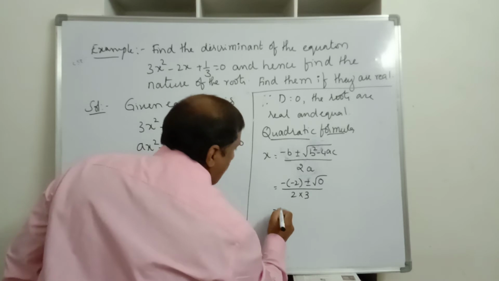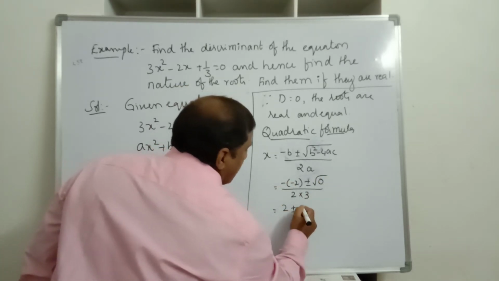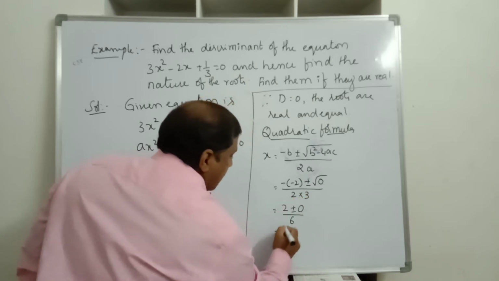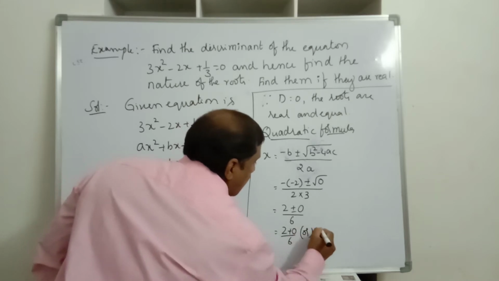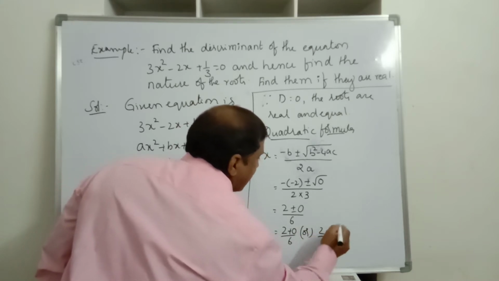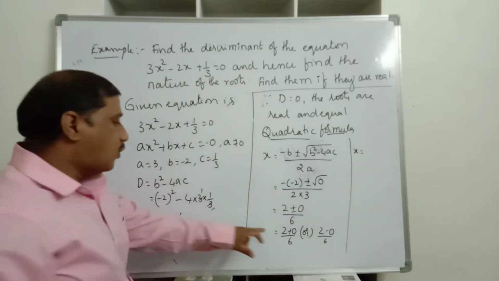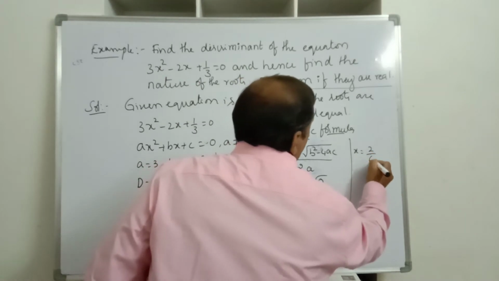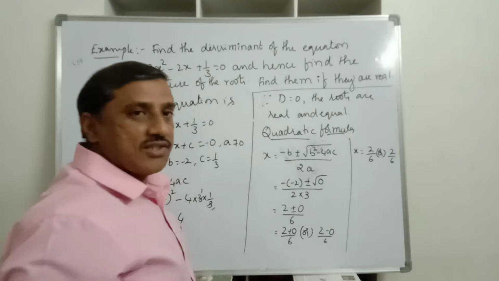That is 2 plus or minus square root of 0, which is 0, divided by 2 into 3 is 6. That is 2 plus 0 by 6 or 2 minus 0 by 6, so x is equals to 2 by 6 or 2 by 6.